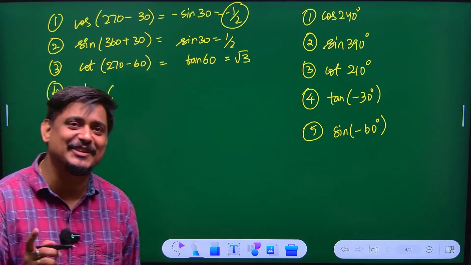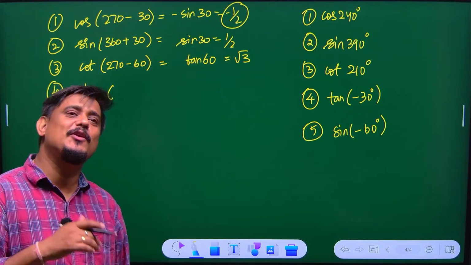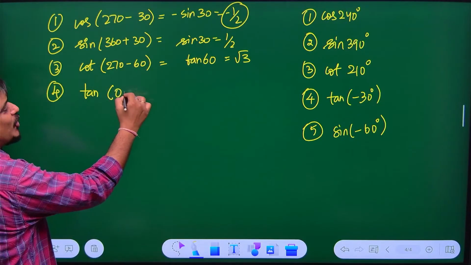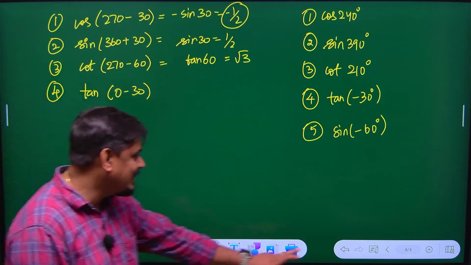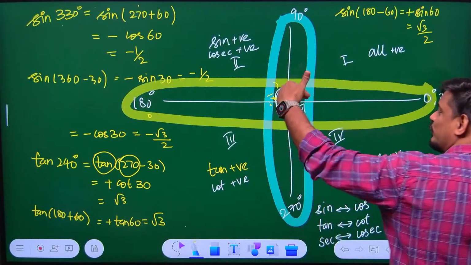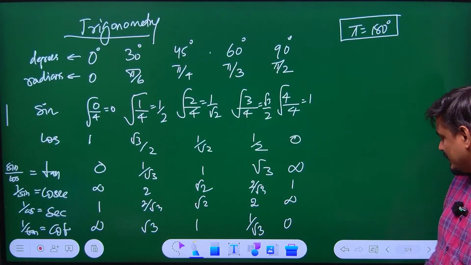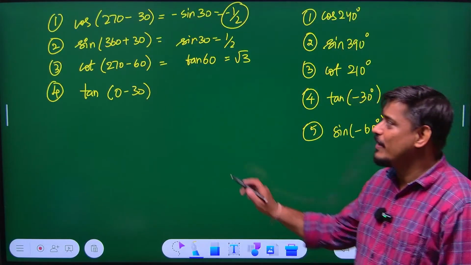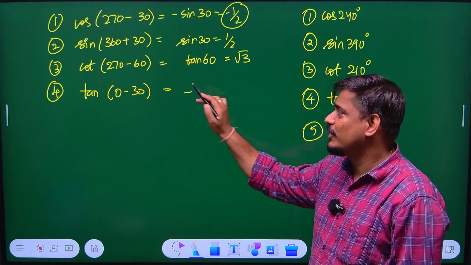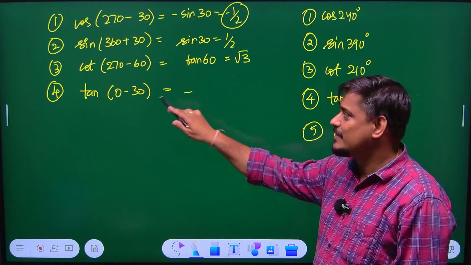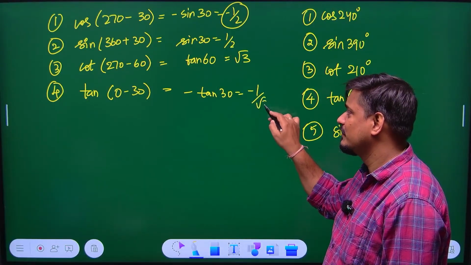Why did you go to minus 90? You should take tan 0 minus 30, that's all. So 0 minus 30 will come in the fourth quadrant. That is easier, no? So tan 0 minus 30. Which quadrant? Last quadrant, tan is negative. And the 0 line will make no change. So it will be minus 1 by root 3. I hope you understood.